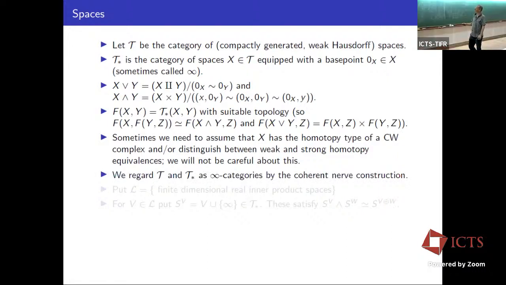And then by this coherent nerve construction, or slightly modified to invert the weak equivalences, we regard these things as being infinity categories. Then in order to form spectra, we need to say something about finite dimensional real inner product spaces. The category curly L is finite dimensional vector spaces over the reals equipped with an inner product.